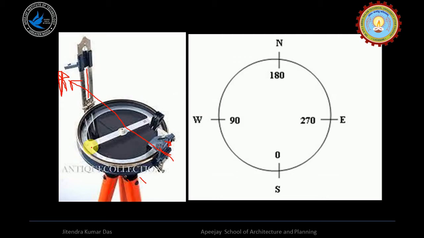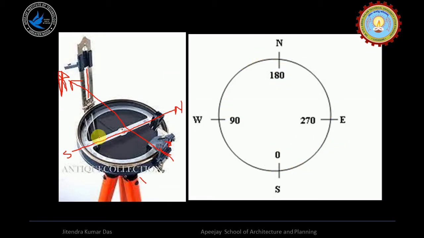Generally you can see the different angles. Always prismatic compass will align itself in the north south direction. It is magnetic north and magnetic south, so always it takes its measurement with respect to magnetic meridian.